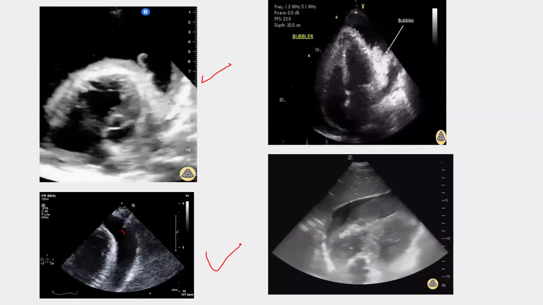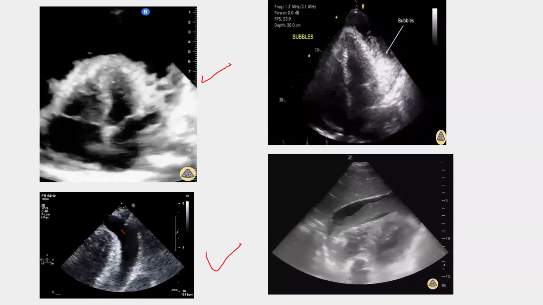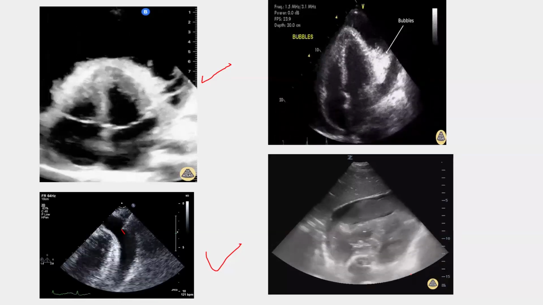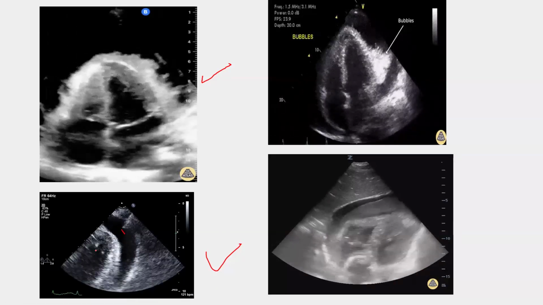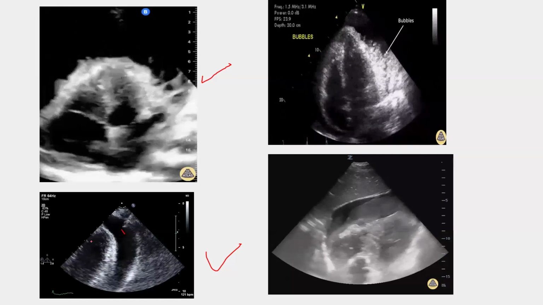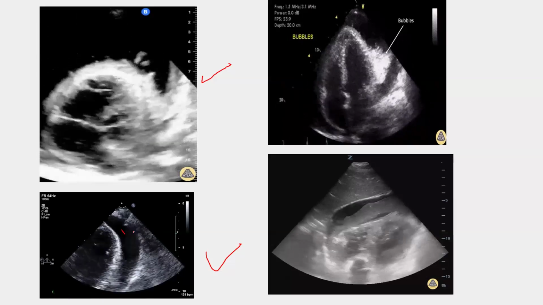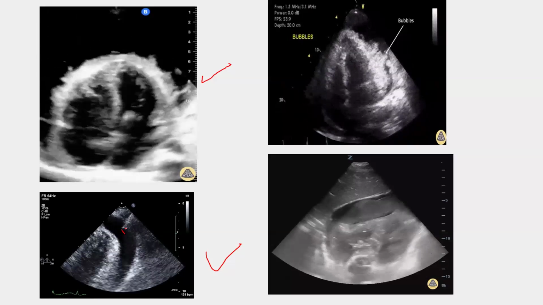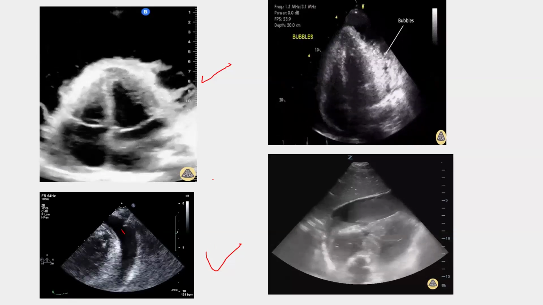Imagine how echo has made this procedure quite safe. If you go blind, you might go into the cavity, might pierce through the cavity, you might aspirate blood from the cavity, you might augment the shock state the patient is already having, and all of that, okay? So this is echo-guided pericardiocentesis.